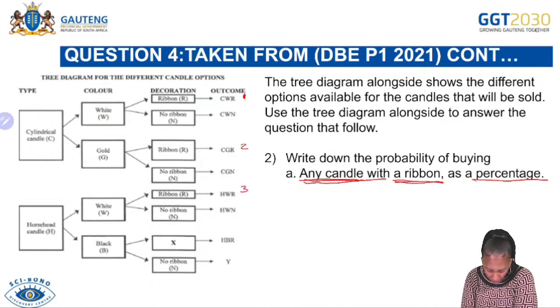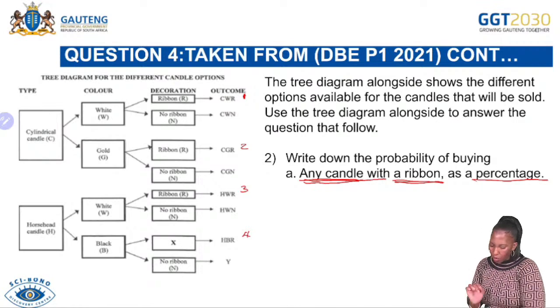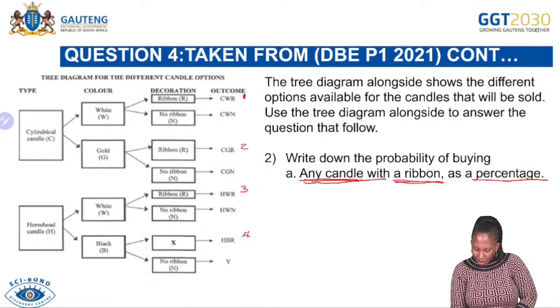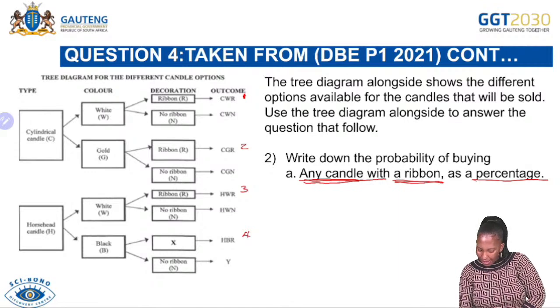And then we have horsehead, white, no ribbon. We have horsehead, black, and here we said ribbon, it is 4. Horsehead, black, no ribbon.